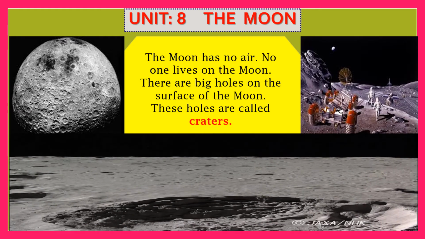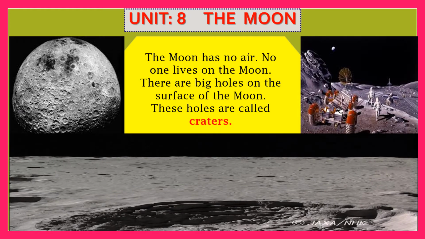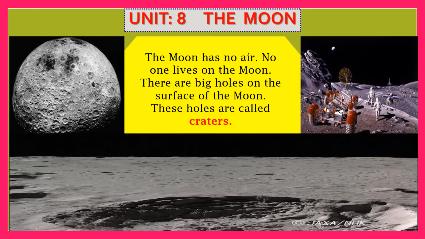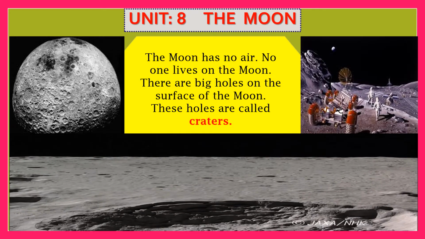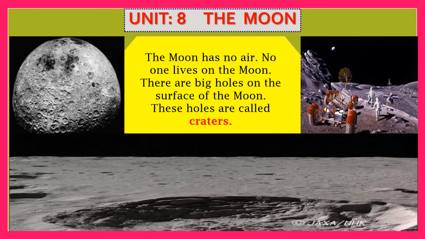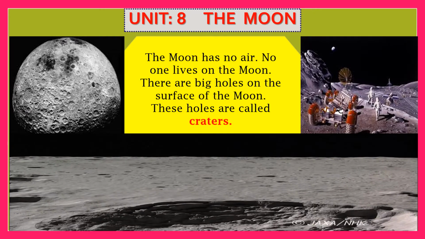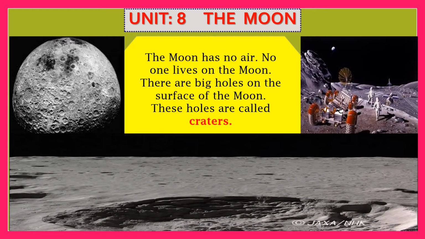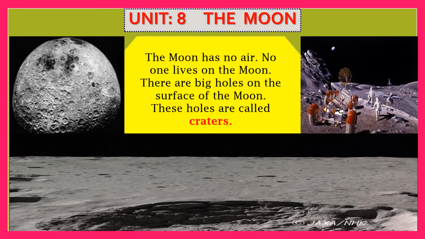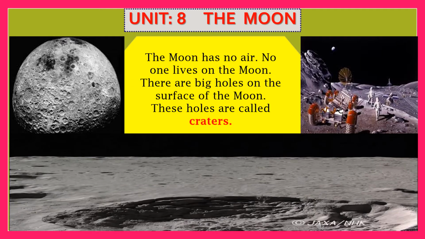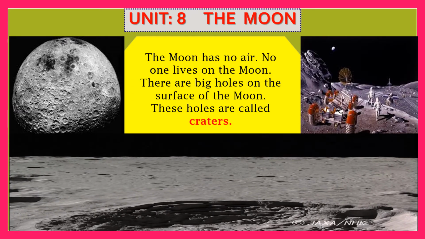As you can see in the pictures, there are big holes on the surface of the moon. And the very first time, an astronaut named Neil Armstrong, a person who studies about space is called an astronaut, so we call him astronaut.